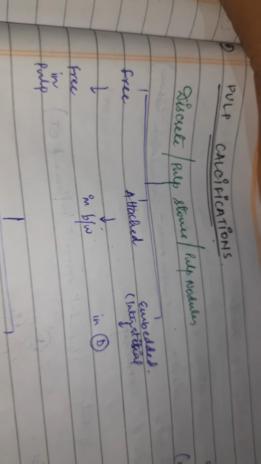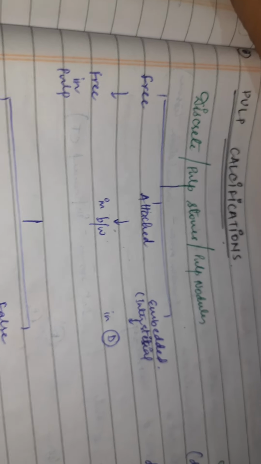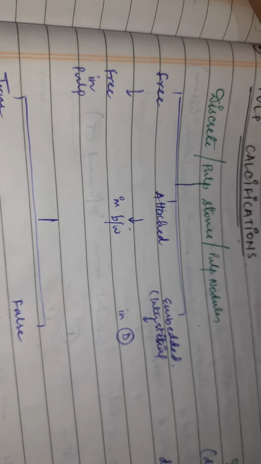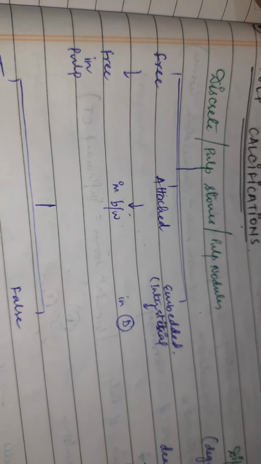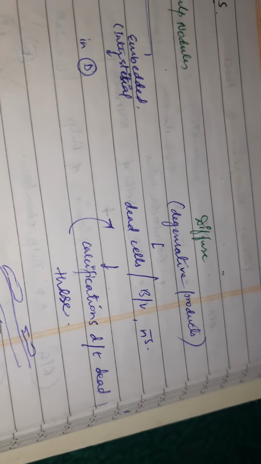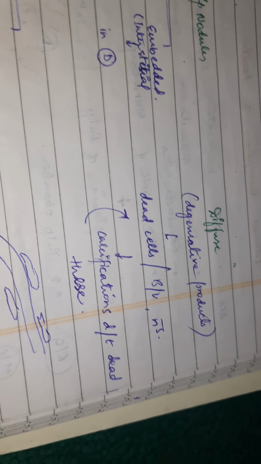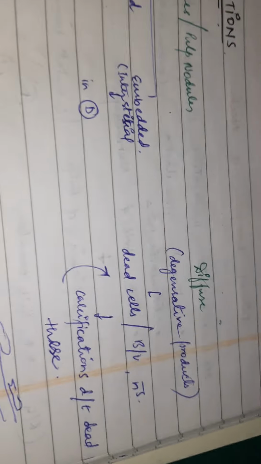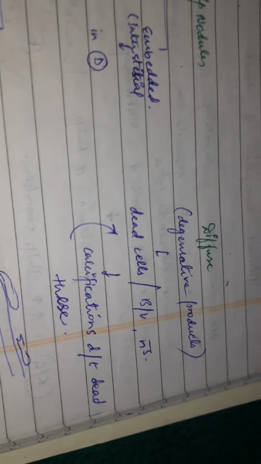Now pulp classification. Discrete pulp stones and pulp nodules are free, attached, or embedded. Free is present freely in the pulp, attached is in between, and embedded is in the interstitial dentine. Diffuse calcification is due to degenerated products, dead cells, and blood vessels.